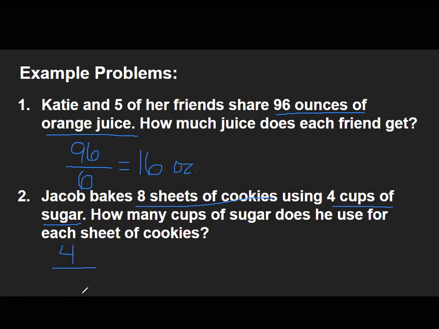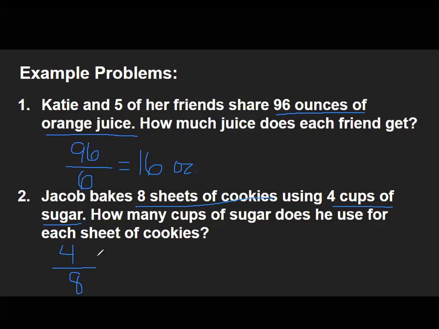Who or what is getting the item that is being shared? So who or what is getting this sugar? Well, the 8 sheets of cookies. So 8 is going to be our denominator. Well, 4/8 is a proper fraction. So all we need to do here is look at this fraction and see, does it need to be reduced?